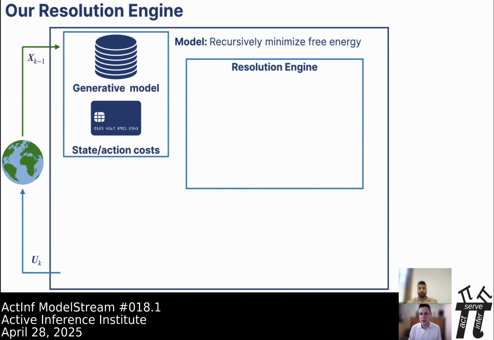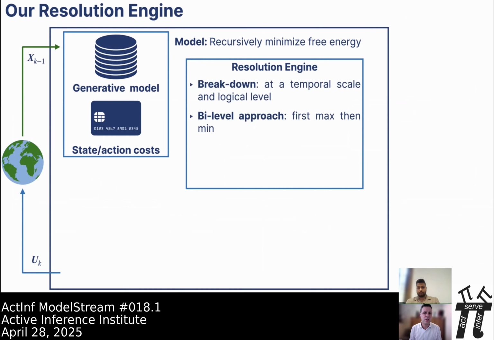So what is the resolution engine? What will it do? And then Hozefa will jump into the code. First of all, it can break down, at a temporal scale and at a logical level, the original free energy problem. There are lemmas, technicalities, that tell you that the problem can be solved at different time steps, and that minimization and maximization have a precise order in which they should be performed. First we should do maximization, and then minimization.